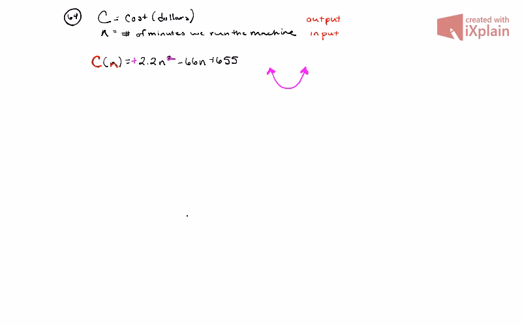And again, to remind you, we want to find the number of minutes for which the cost of running the machine is a minimum, and what is the minimum cost? Well, if you look at the graph, and again, this isn't perfect, we're just looking at the shape of it, the vertex is your minimum in this case.